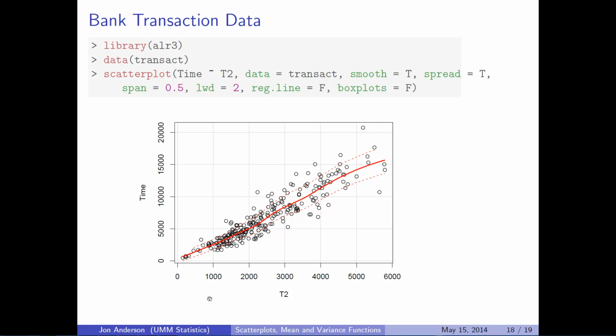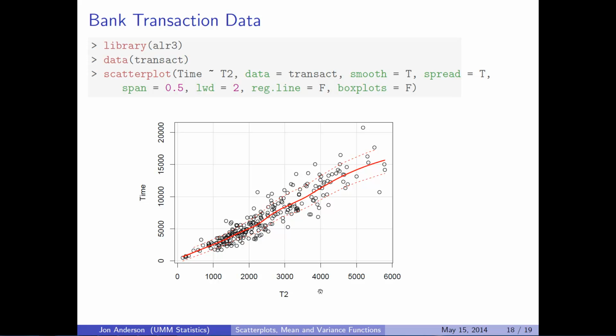But what you can see here is that the data values, the open circles, represent branches of a particular bank in Australia, and the vertical axis is how long it takes the tellers to service the needs of the customers that come into the bank, and the horizontal axis is the number of type 2 transactions.